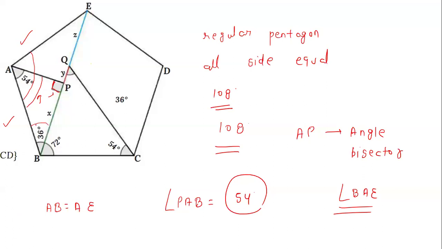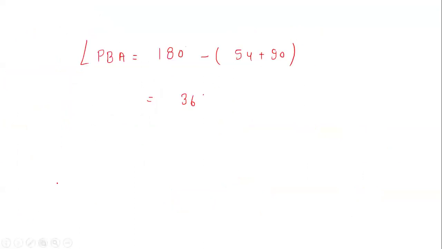Angle PBA is equal to 180 minus (54 plus 90), so this angle is 36 degrees.